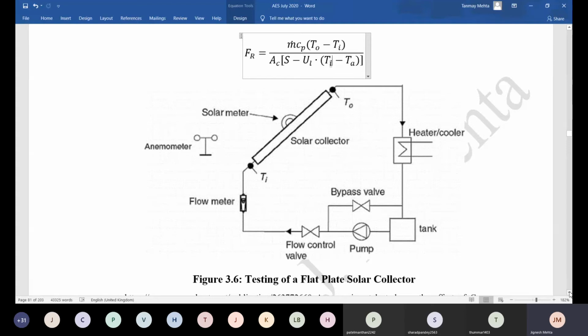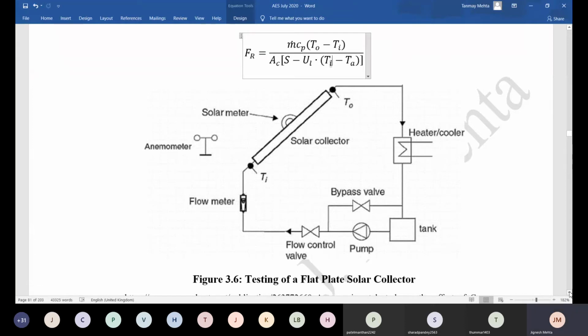So if you are interested in the global or total radiation falling on the solar collector, you can put a pyranometer. Actually, it is not put on the solar collector. It will be put close to the solar collector on a plane which is inclined at the same angle as that of the solar collector. So in that case, you don't need to calculate IT. Remember the example where you calculated IT on an inclined surface, right? If you put your pyranometer at the same inclination, you don't need to calculate IT. It gives you the number IT directly.